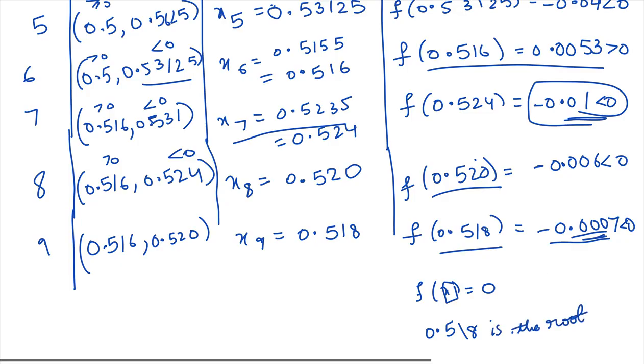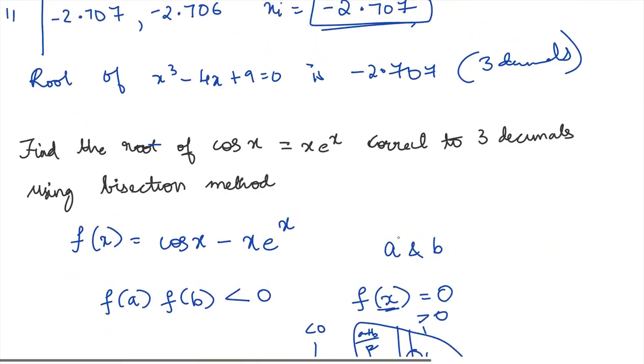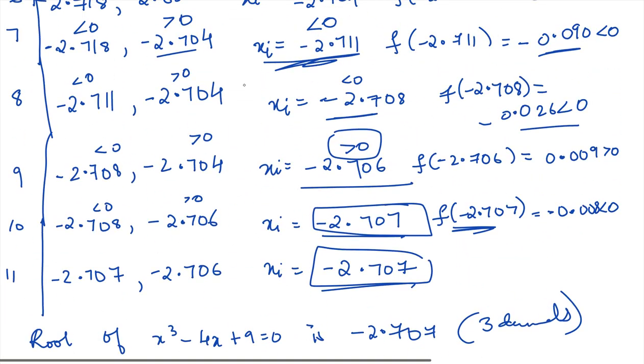So either this value approximately becoming 0 will give us the root, or if we notice that x8, x9, x10 values are the same, then also we can say that this is the root. Okay, either way. In the previous question, if we notice, the values were minus 2.707, minus 2.707.